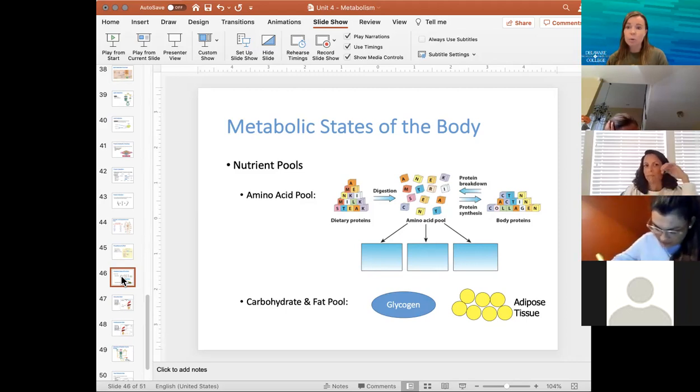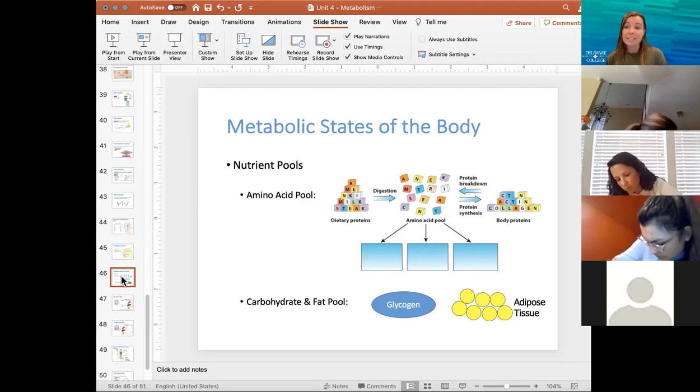Your body tries to hold on to these amino acids as much as it can, because they're so valuable. You need them to make new proteins. So only a very small amount of these amino acids are lost through shedding your hair and your skin cells, because you have proteins and amino acids in your hair and in your skin.